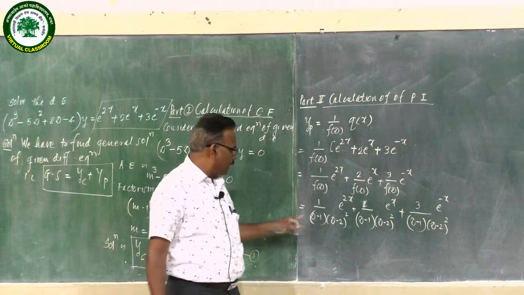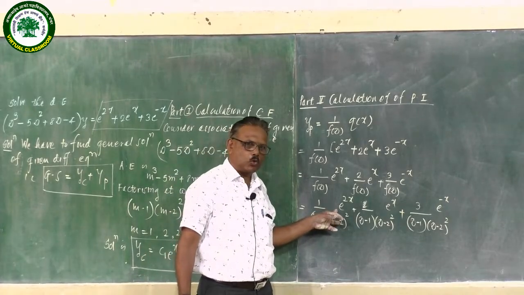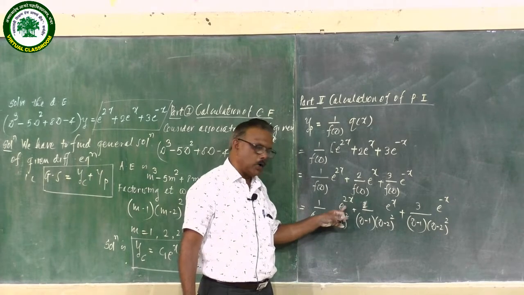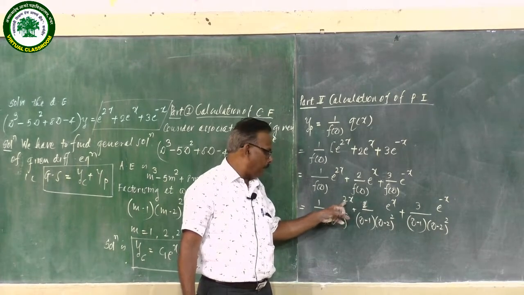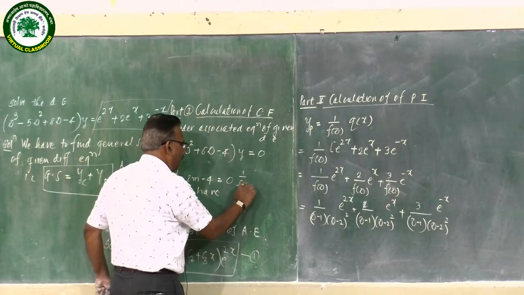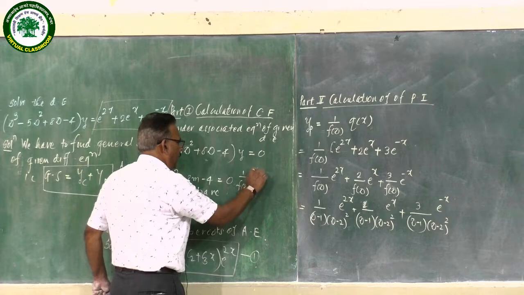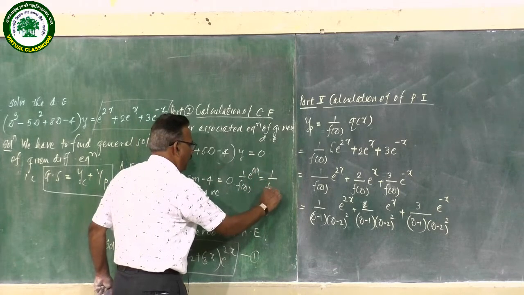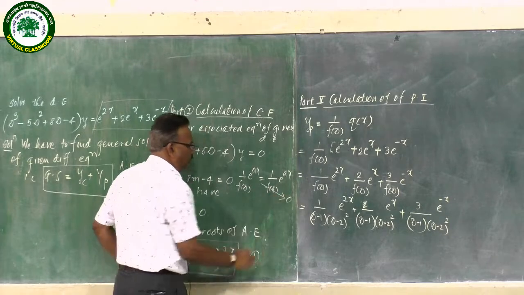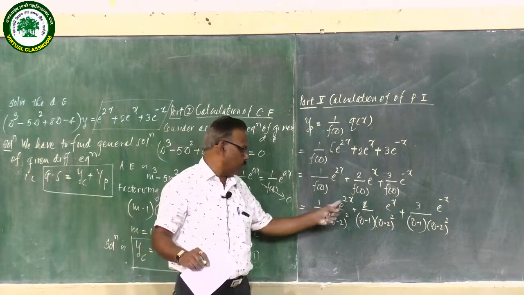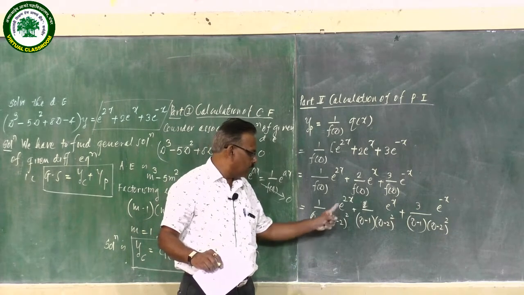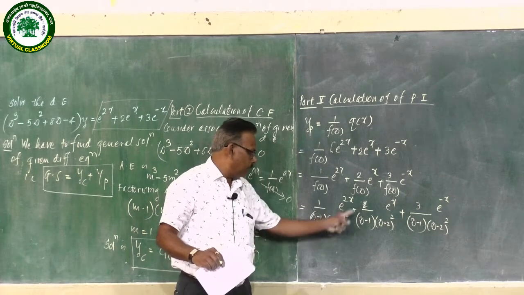Here, trying to understand this function, it is e raised to 2x. Here D minus 2 is a factor which is repeated 2 times. While applying the result 1 over f of D e raised to x equals 1 over f of a e raised to x, this polynomial will become 0 because you are substituting D equal to 2, and 2 minus 2 becomes 0, so this part will be meaningless.